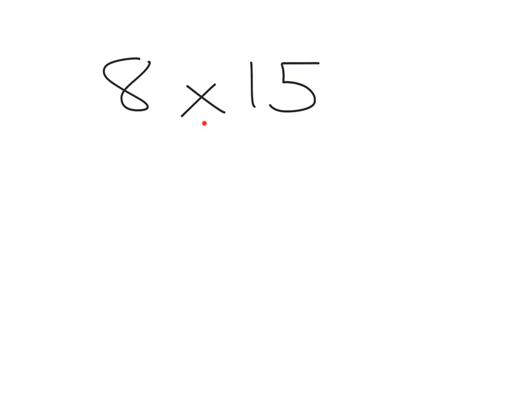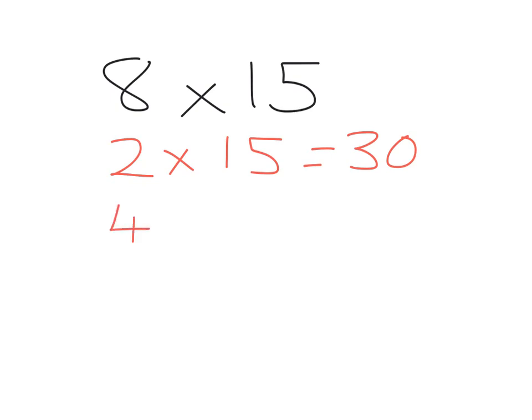So let's look at another one. So to work out 8 times 15, I'm going to work out 2 times 15, which I know makes 30. And if I double that 30, that will tell me what 4 times 15 is, because I'm just doubling that 2 to 4.